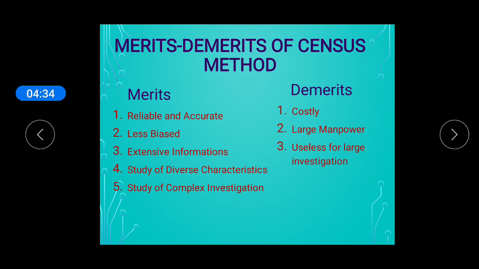For example, there are only 10 students in your class, and 3 students are from the science stream, 4 students are from the commerce stream, and 3 students are from the arts stream. Then it is impossible to take a sample which represents all the population. Then we can use only the census method in the process of investigation.